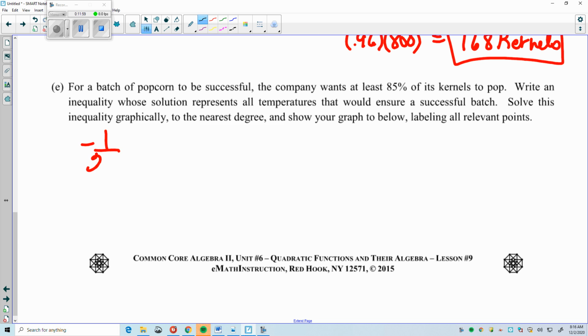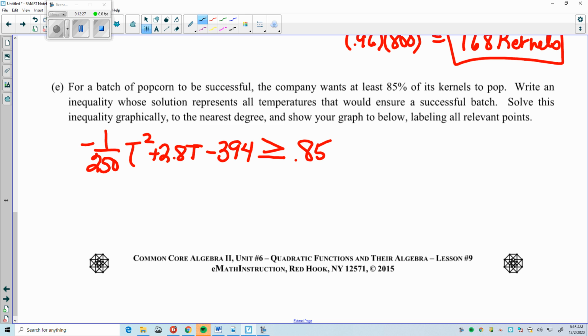So we're going to copy this formula down. Okay, so t squared plus 2.8t minus 394. Now it says this has to be at least 85%. So it could be greater than 85%. It could also equal 85%. Remember, percent as a decimal would be 0.85.